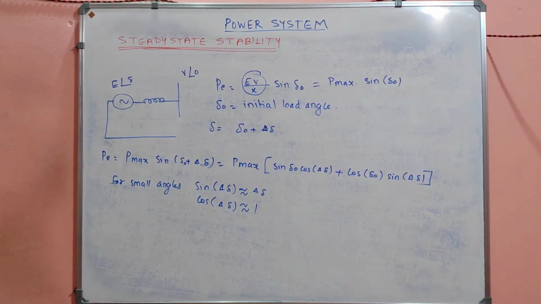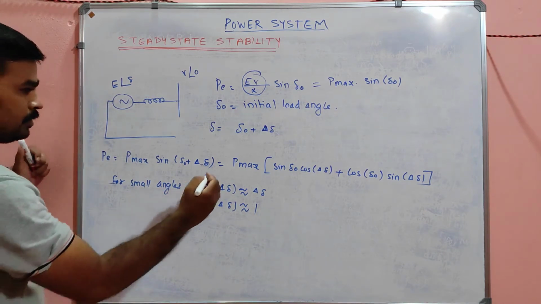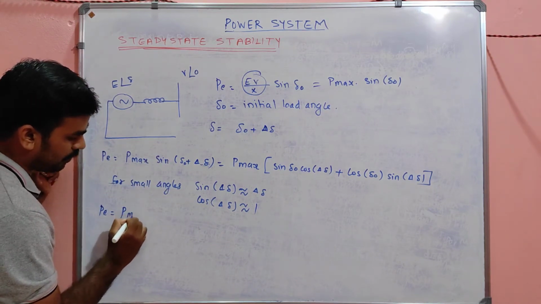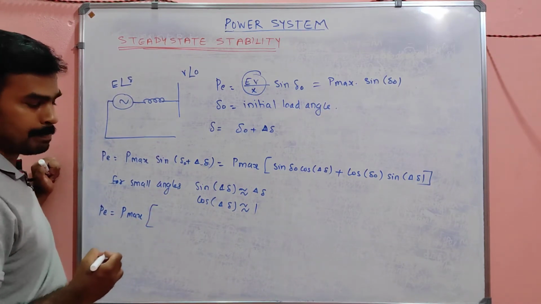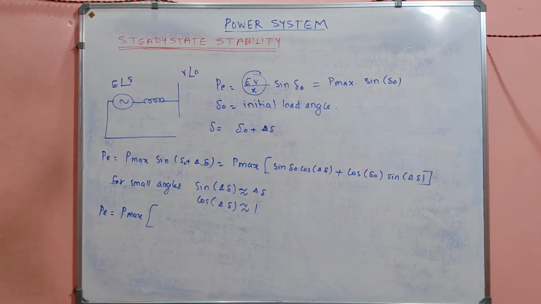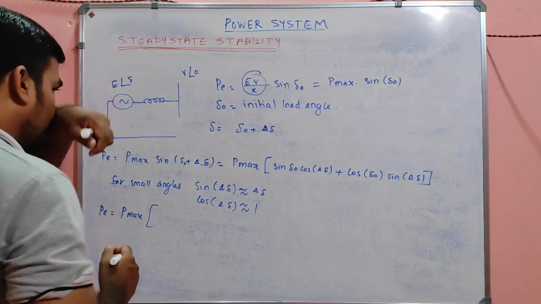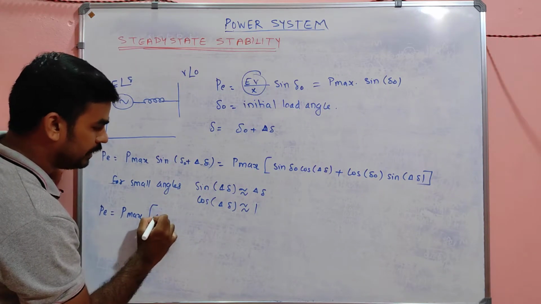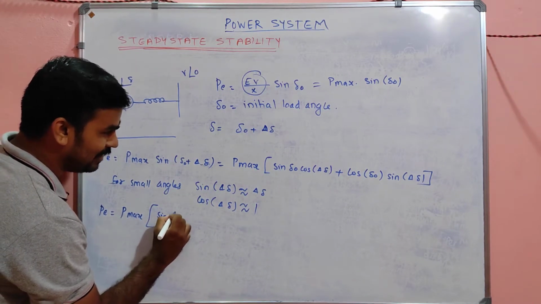So P is equal to P max into sine delta 0 can be represented as sine delta 0, no change in that.